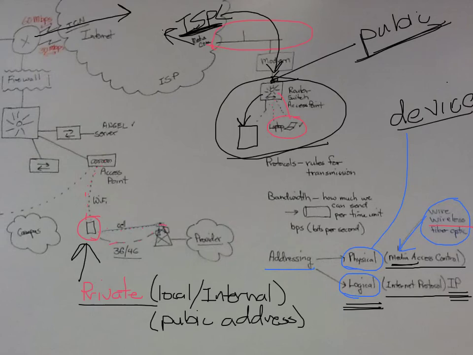So when it's on the internet, no matter where you go, when it's sent back, the internet knows that public address belongs to this ISP. So they send it back to the ISP. Now the ISP knows that one public address belongs to you, so they send the signal to you.